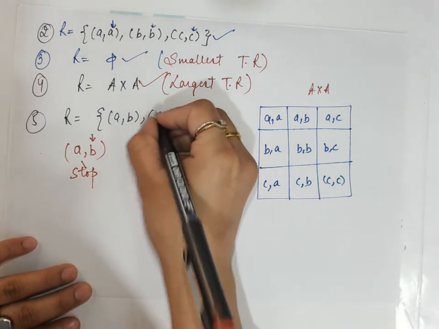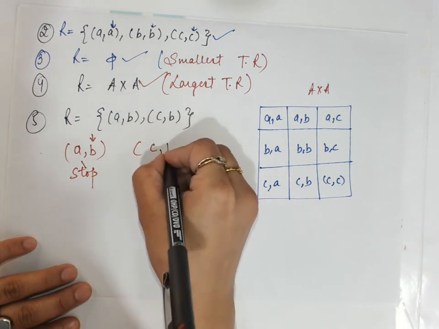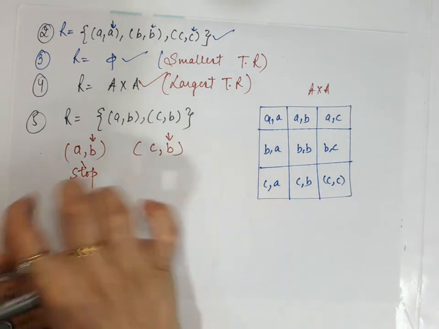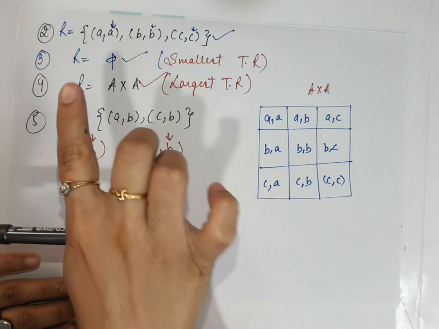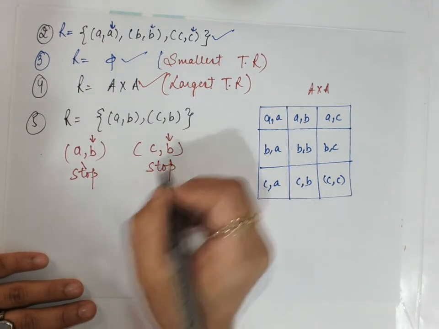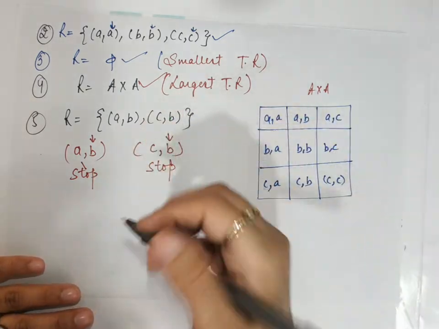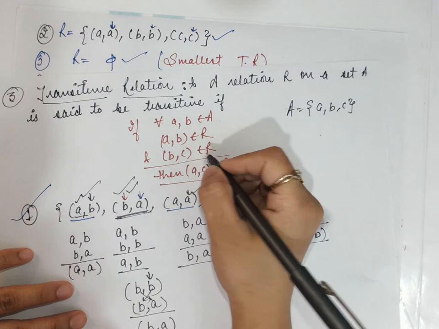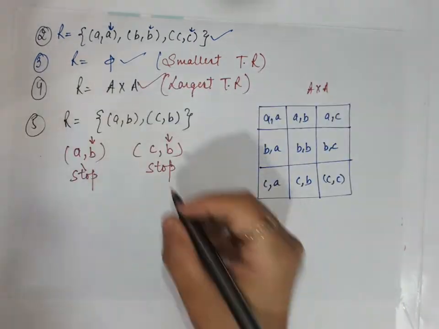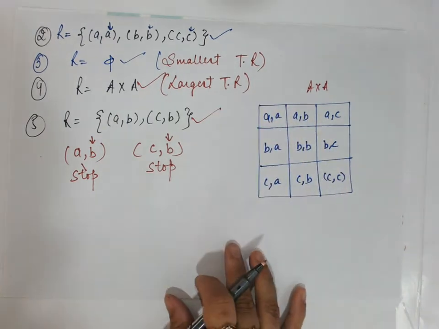Now check another ordered pair, CB. Again B is the second element of this ordered pair. Is B the first element of any other ordered pair? No. Then I have to stop here. If BC is not there, then I don't have to check the rest of the condition. This will be a transitive relation.